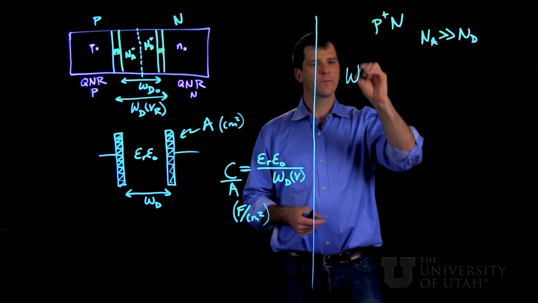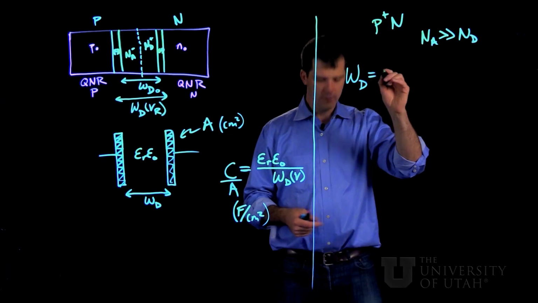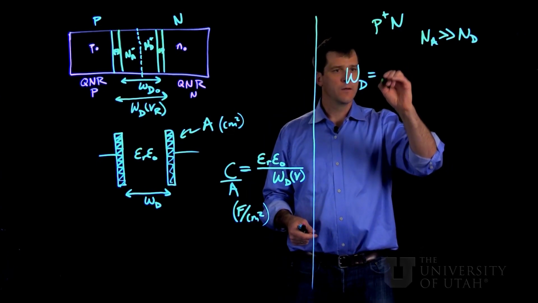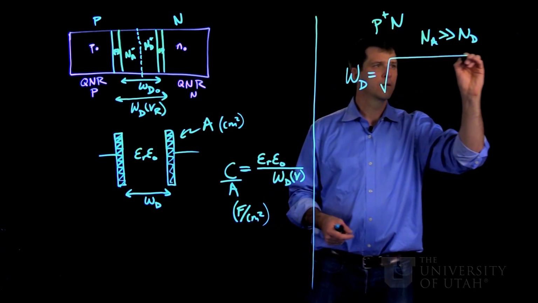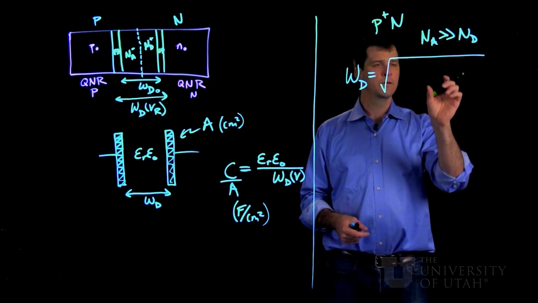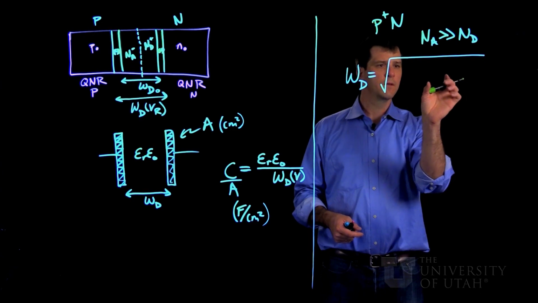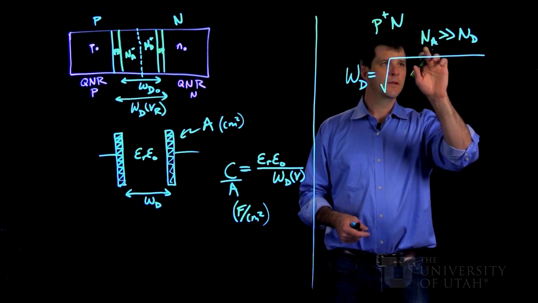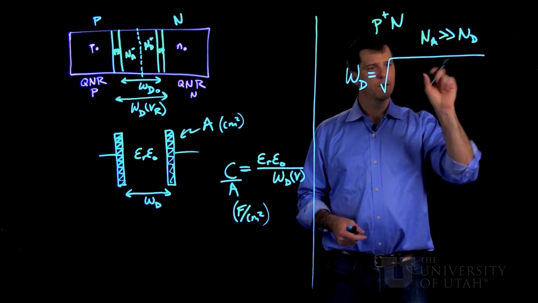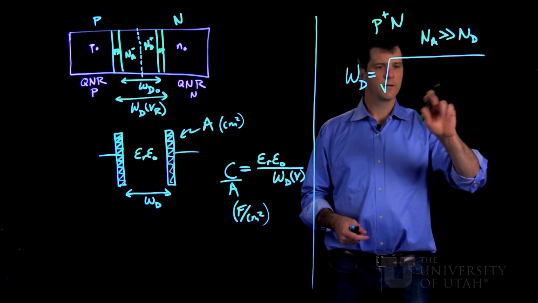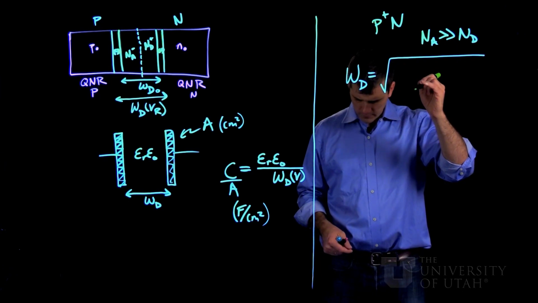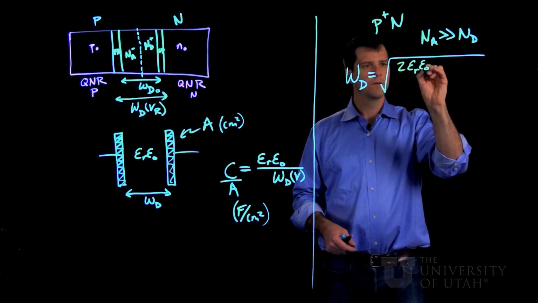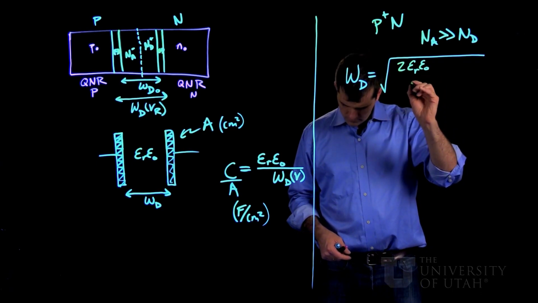And so we take our expression for the depletion width, and it reduces down by cancellation, assuming that NA is much bigger than ND, which allows us to cancel the numerator and denominator in the original expression and end up with 2 times epsilon relative, epsilon naught over.